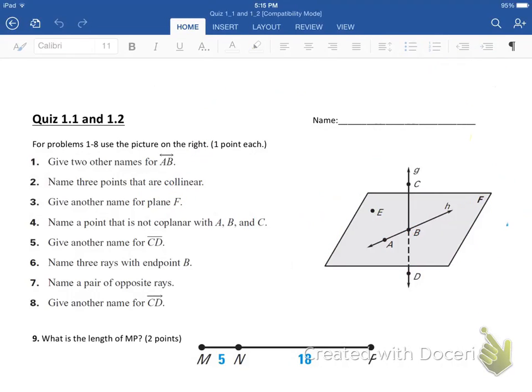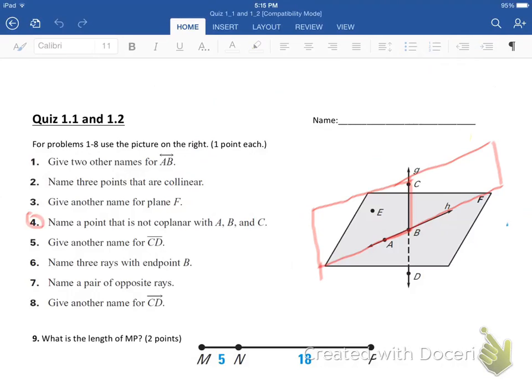So I erased number 3, and I'm going to do number 4 right now. So I'm on this one right here. It says name a point that is not coplanar with A, B, C. So here's A, B, and C. If I draw a plane that includes those, it could be here and over here.